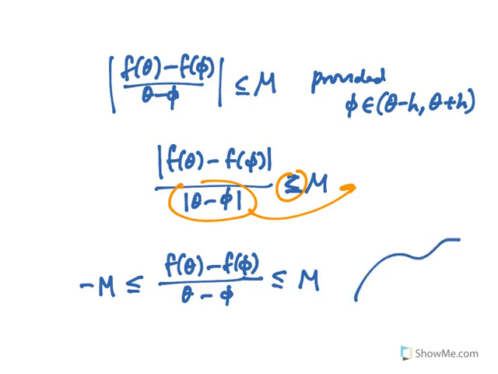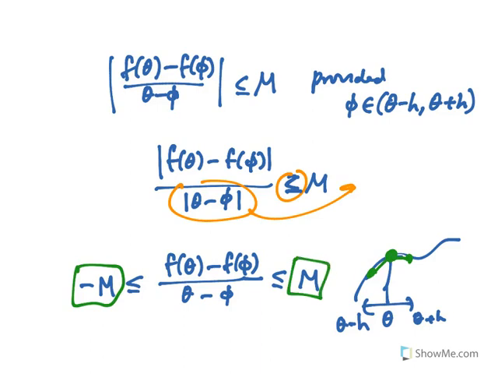What it's saying is that the graph is not too steep, because for any point theta, there's a little interval around it where the slopes of all secant lines of this form, from this point to other points, are limited between two fixed constants, minus m and m. Those constants depend on theta also, just like the h depends on theta.